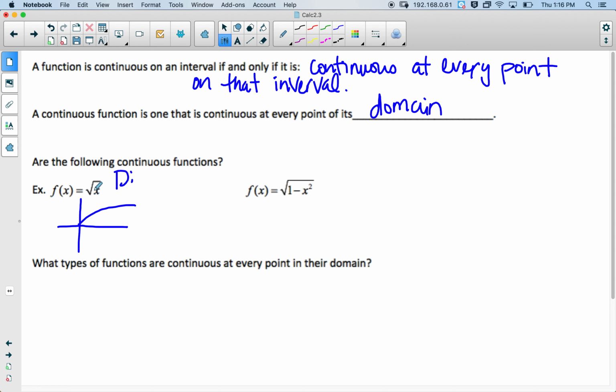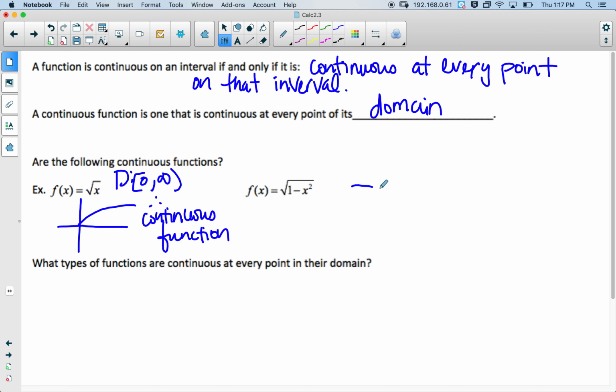The domain of square root of x is 0, which is included, to infinity. So from 0 to positive infinity, is this function continuous? And yes, it is. So therefore, this is a continuous function because it's continuous on its domain.